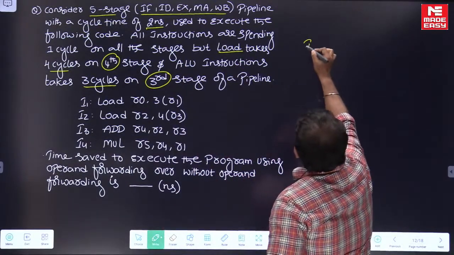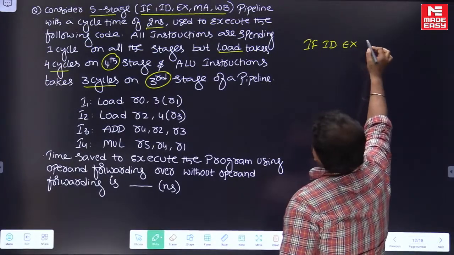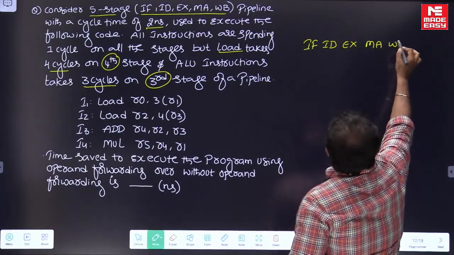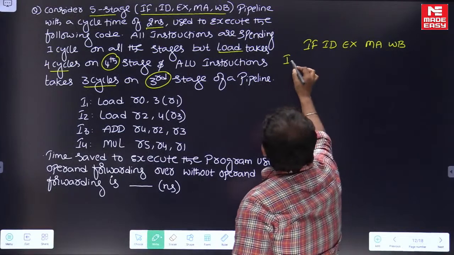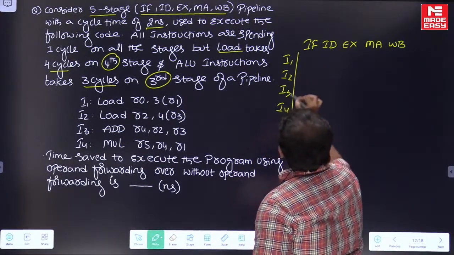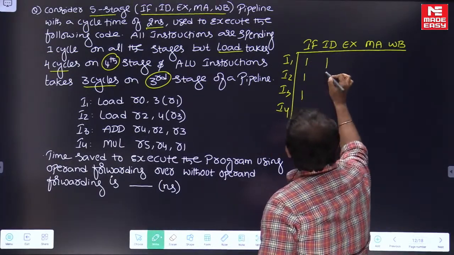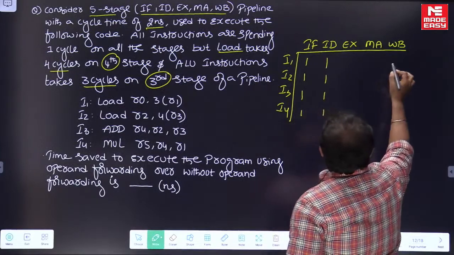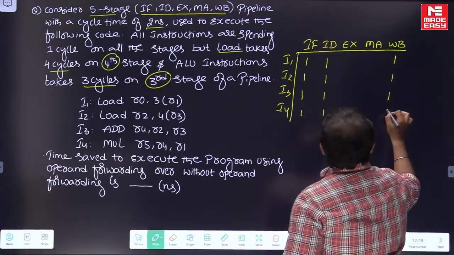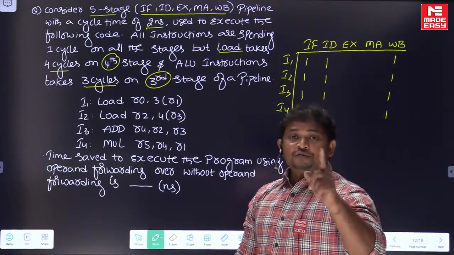So here IF, ID, EX, MA, WB. Okay. So I1, I2, I3, I4: 4 instructions. Every instruction takes 1 cycle on all the stages. But a load instruction spends 4 cycles on the 4th stage.